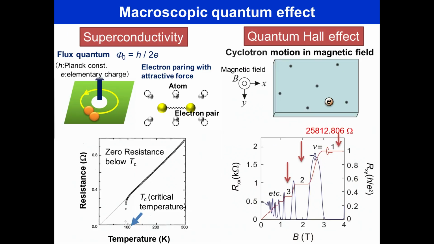In fact, quantum effects are known to occur not only in the microscopic world, but also in the macroscopic world. And there are 2 representative quantum effects, both involving non-dissipative electron flows. One is superconductivity.